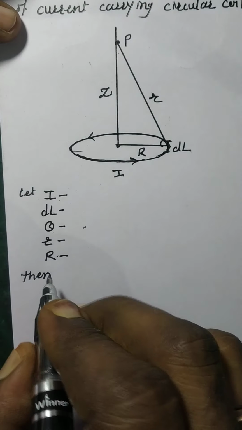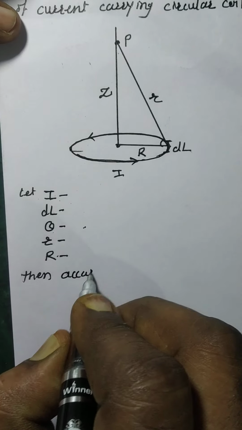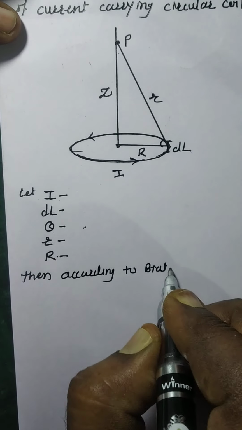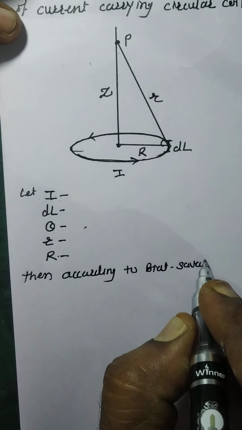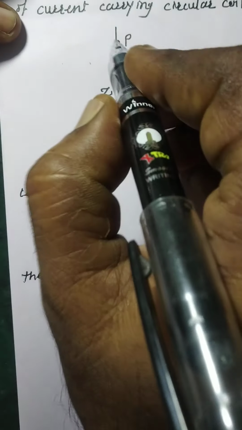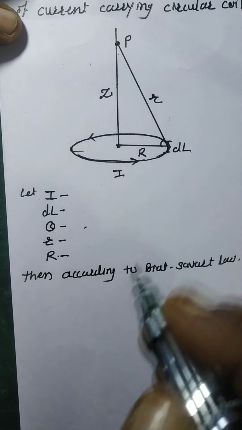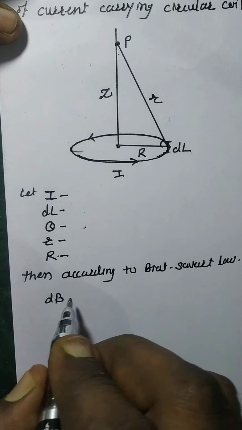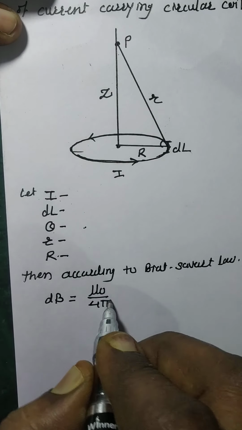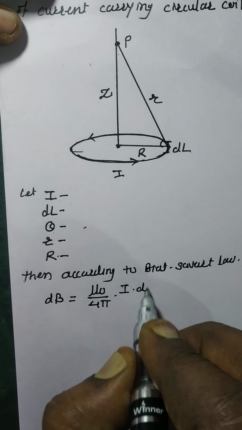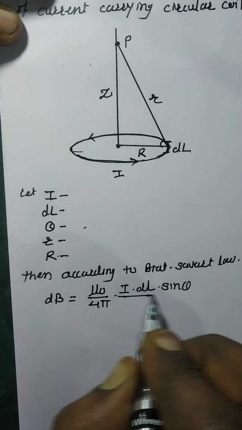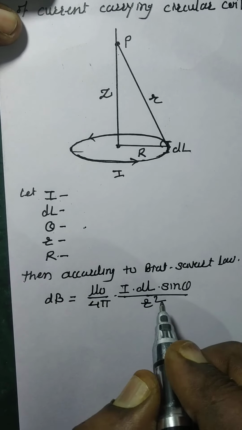Then according to the Biot-Savart law, magnetic induction at P due to the small element is dB equal to mu naught divided by 4 pi into I into dl into sin theta divided by r square.